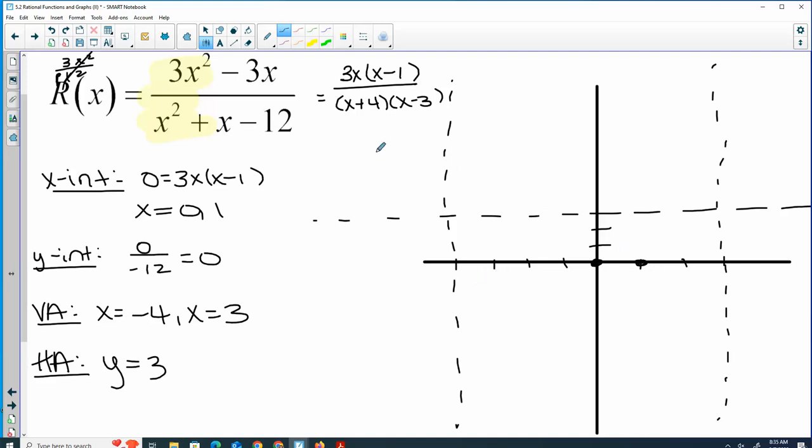All right, now we just need to plug in some test points to figure out what this looks like. So if I put in something smaller than -4, so maybe a -5, and you're welcome to use your calculator. You don't really have to show me a lot here, but you need to be plugging these in. So if I put in -5, why don't you guys all help with this? I feel like some of you are just sitting there staring and not really contributing much. So plug in -5.